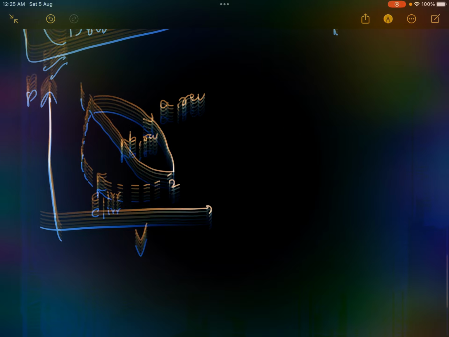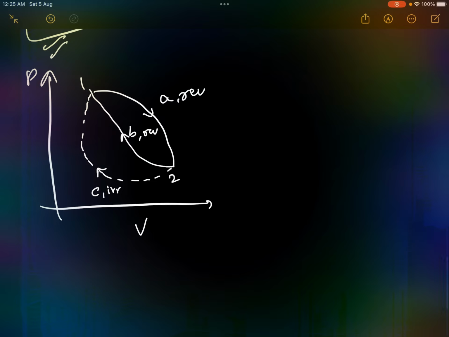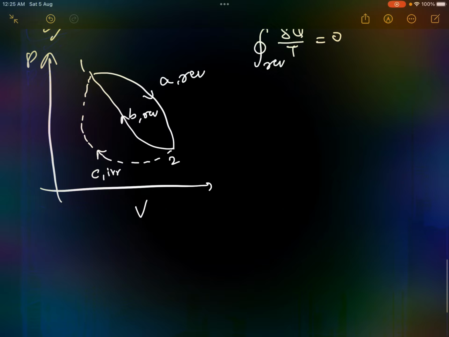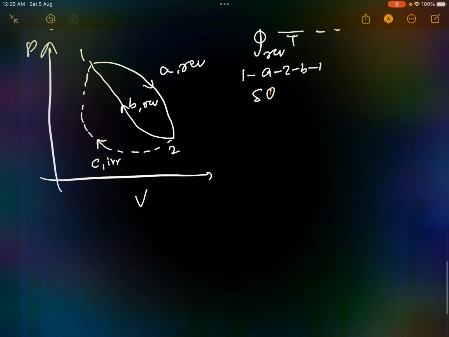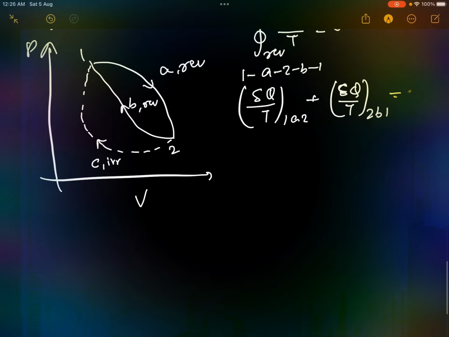So now let us apply the Clausius concept here. We know that for the reversible case, the closed integral of del Q upon T is equal to 0. So if I write for the 1A2B1 cycle, we can write that del Q upon T for 1A2 plus del Q upon T for 2B1 is equal to 0.